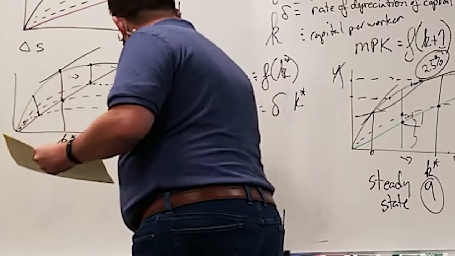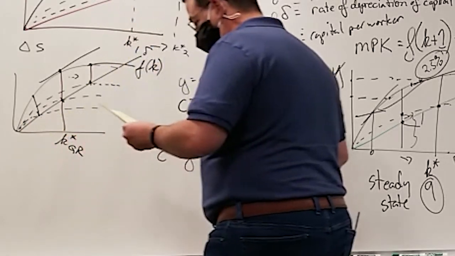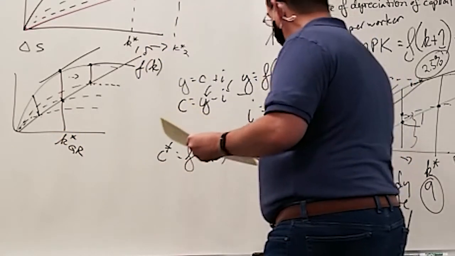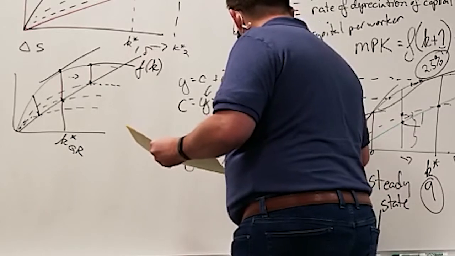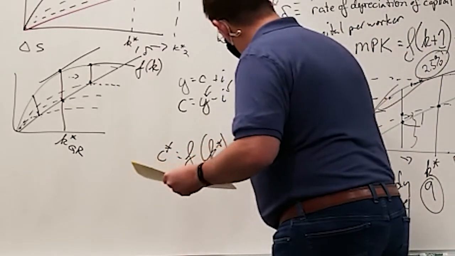And I get that the steady state level of consumption is equal to output minus depreciation at the steady state, and then again with the parentheses in my notes.